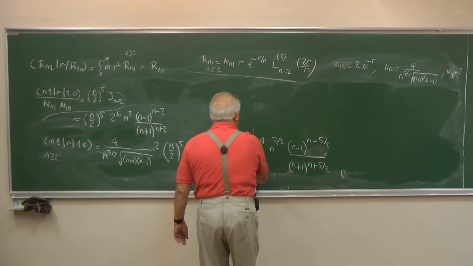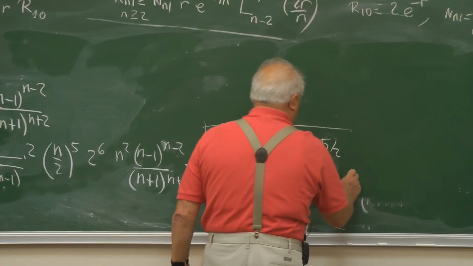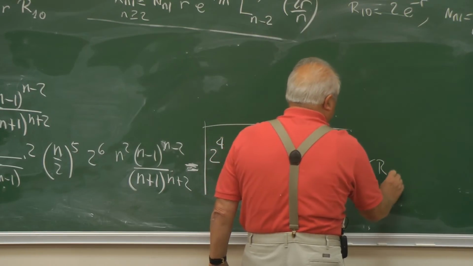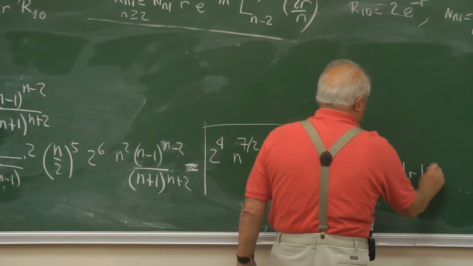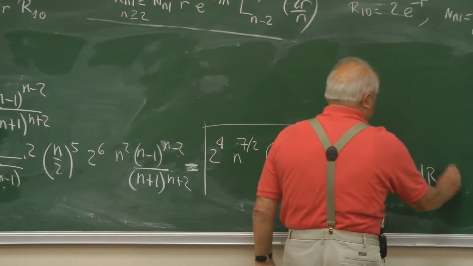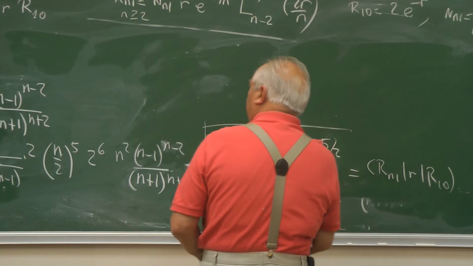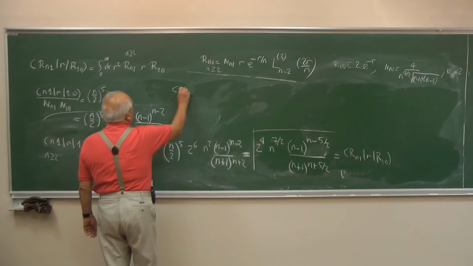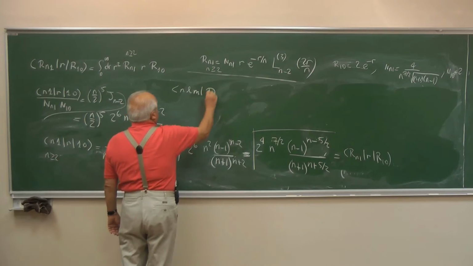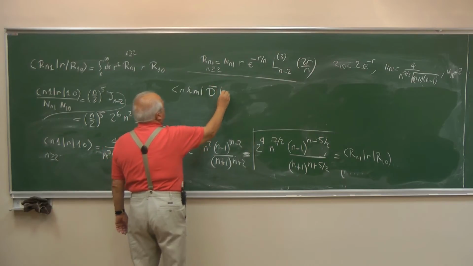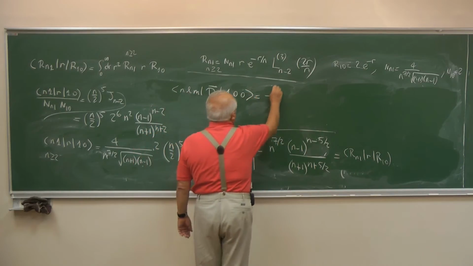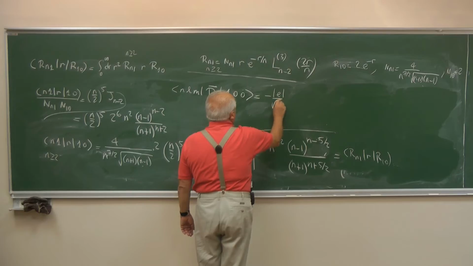This is our, this is equal to r n1 r 10. This is just the radial integral. Okay. So if you write the full thing, let me write it here. N L M D 100 is equal to minus u over root 3.